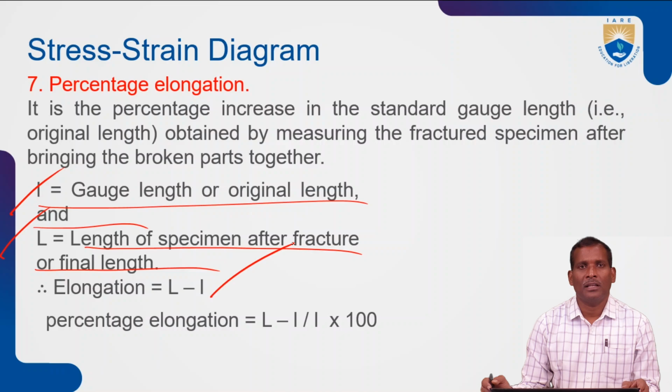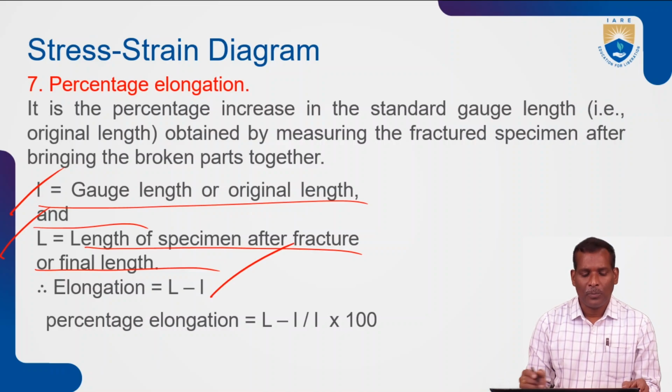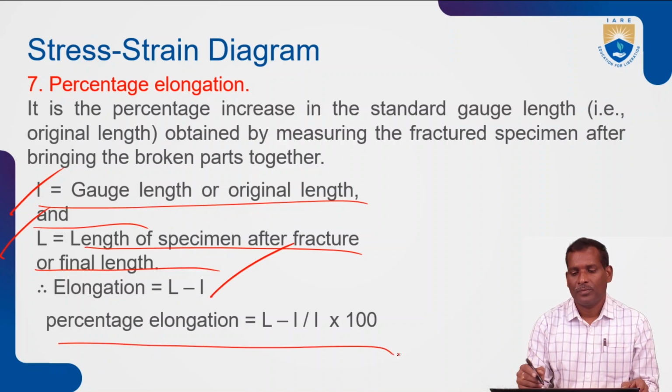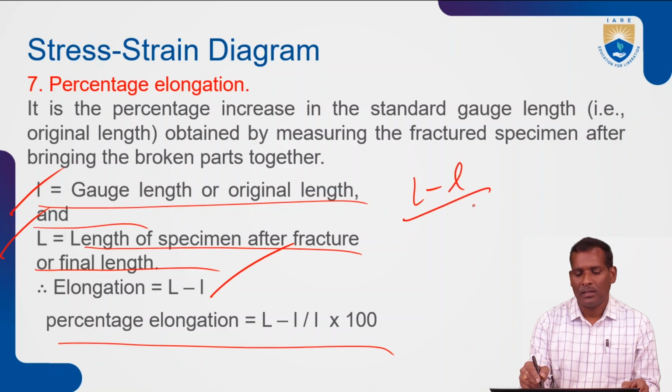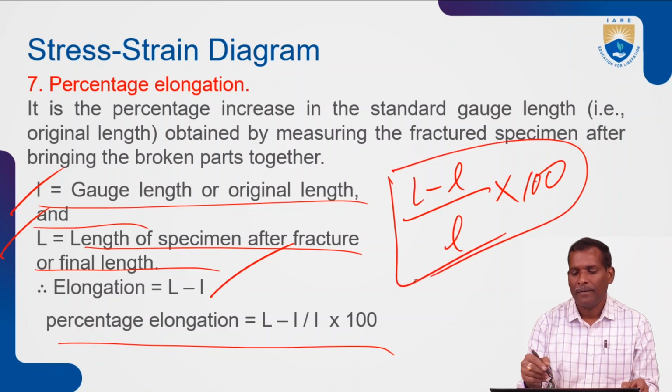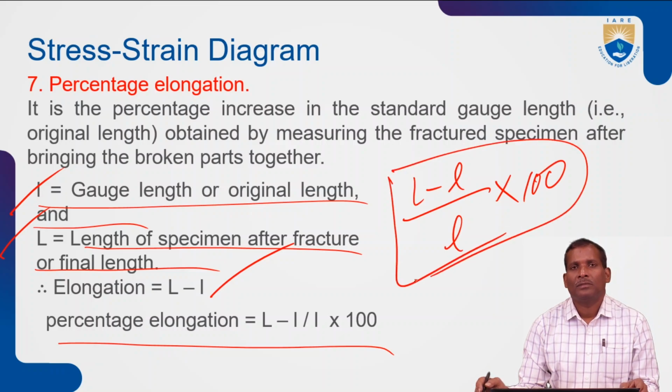Elongation is L minus l. The percentage elongation is (L minus l) by the original length, that is the gauge length, multiplied by 100. You will get the percentage elongation, measuring the fractured specimen after bringing the broken parts together.